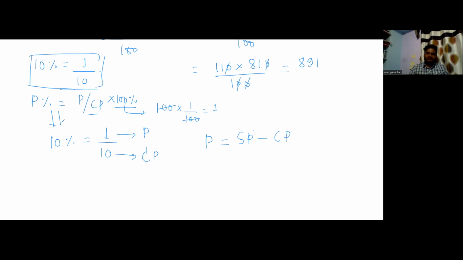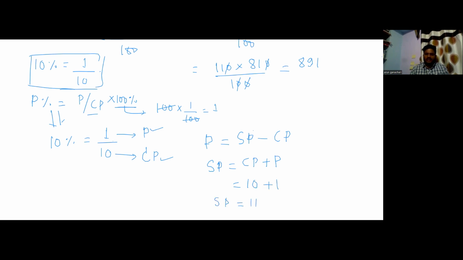Now, selling price can be written as cost price plus profit. Understanding what we are doing here? So similarly, if cost price is 10 and profit is 1, selling price will be 10 plus 1, so your selling price will be 11.